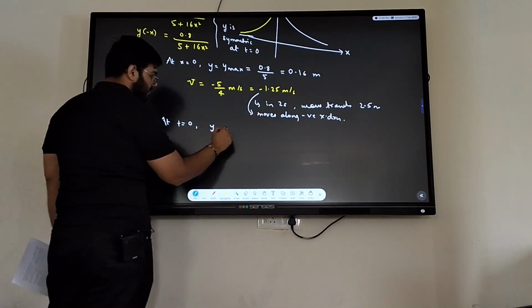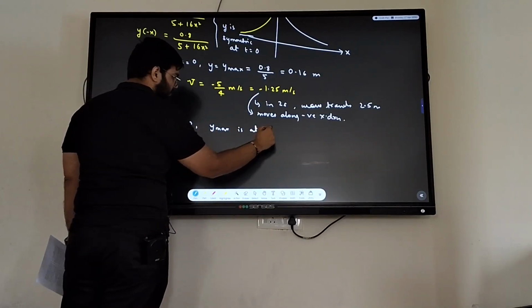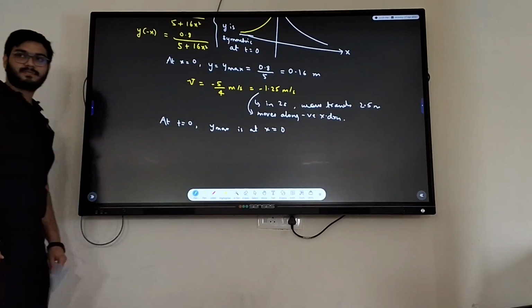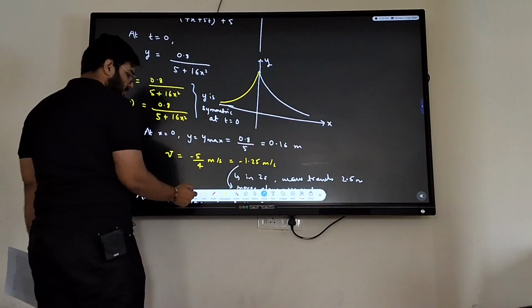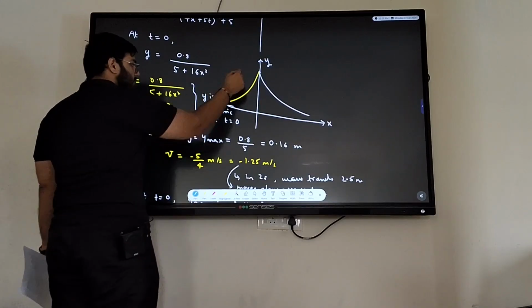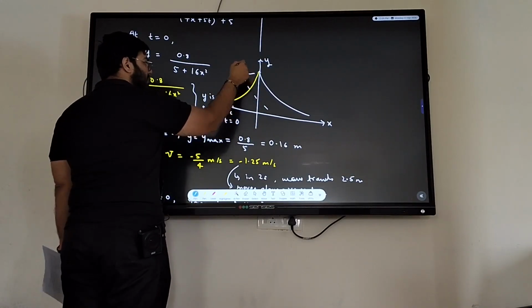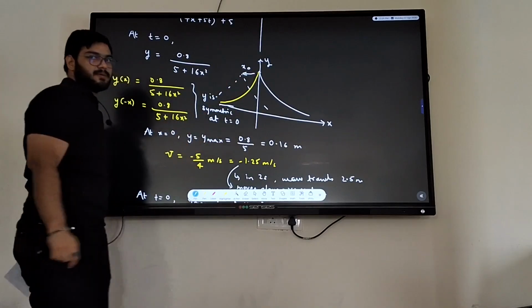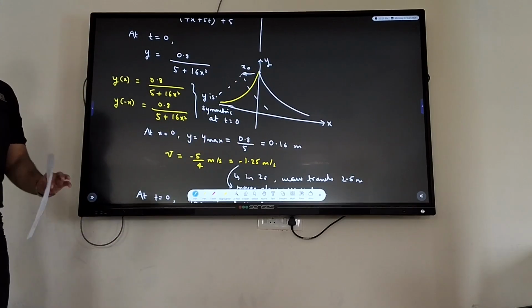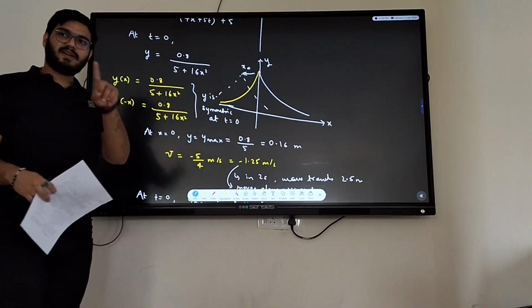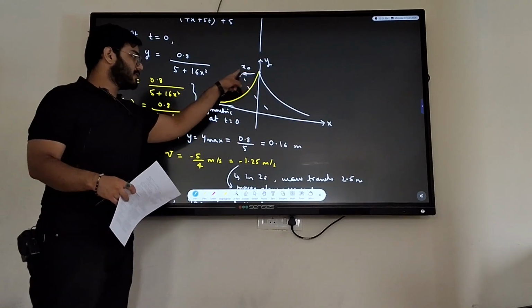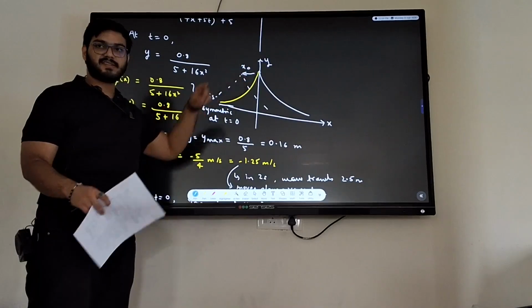Y max is at x equal to 0. Let's say this peak moved till here, some distance x naught. It took some time, 1 second. And randomly I'm taking time. You can take 10 seconds as well, doesn't matter. In 1 second, the peak moved from here to here with a distance x naught.